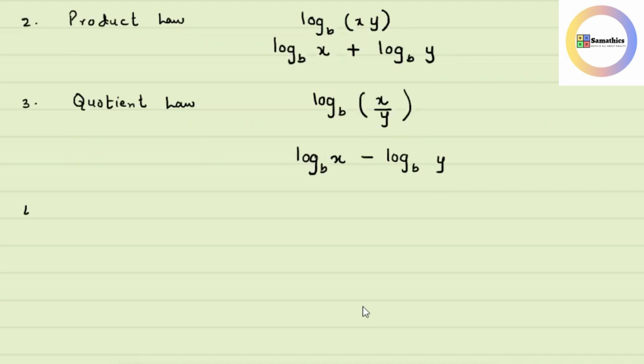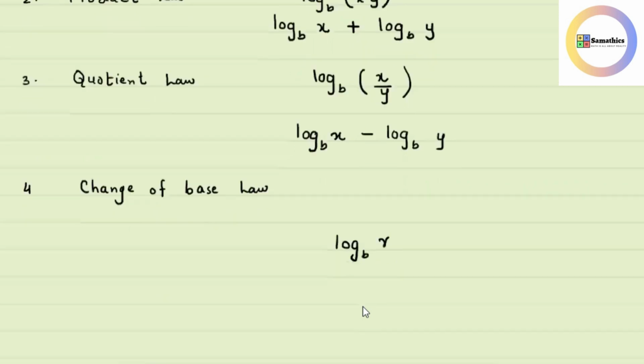Okay. The fourth law is the change of base law. That is very important. What happens if you have log to the base b of r and you want to change this base?